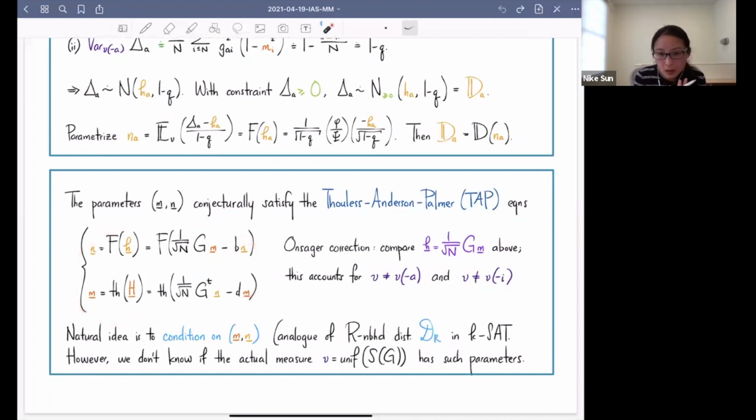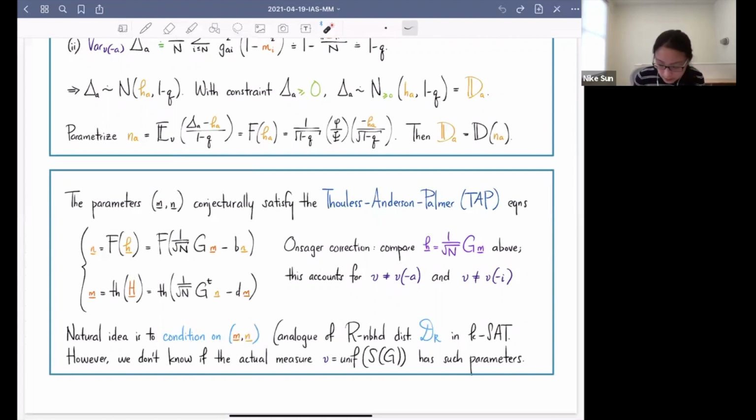So there are some equations that relate these parameters. Once you know this, a natural idea would be to try to condition on these parameters, because they're kind of analogous to the r-neighborhood distribution in that they determine the distribution of the elements in the graph. Unfortunately, a problem here is that we don't know much about the solution of the TAP equations for this particular problem.